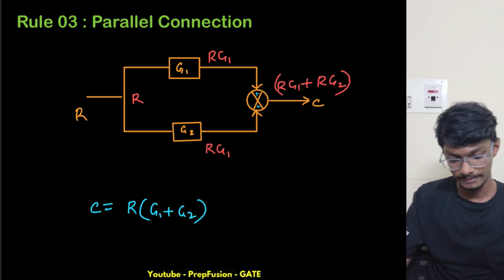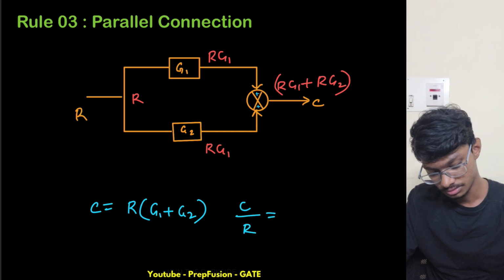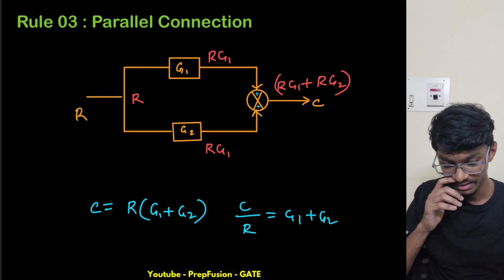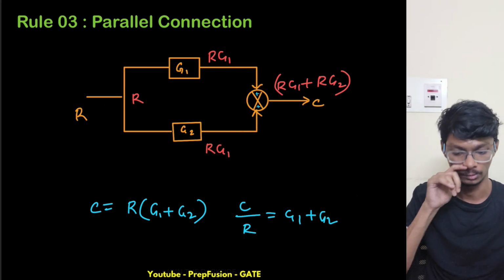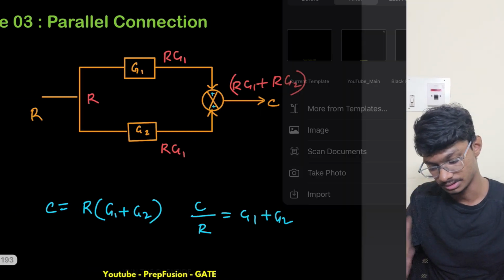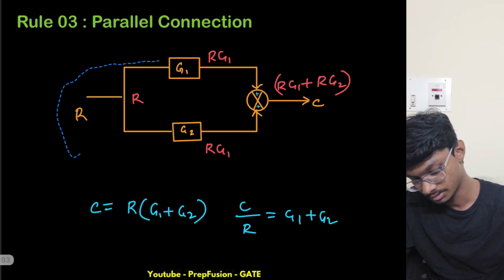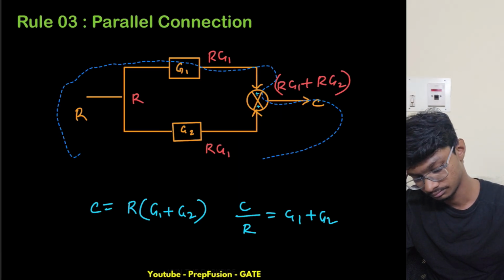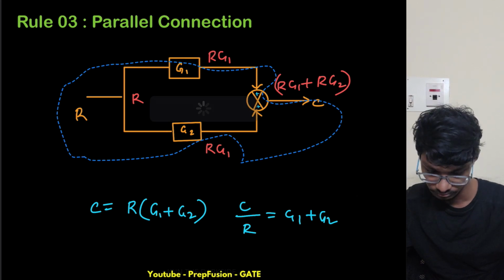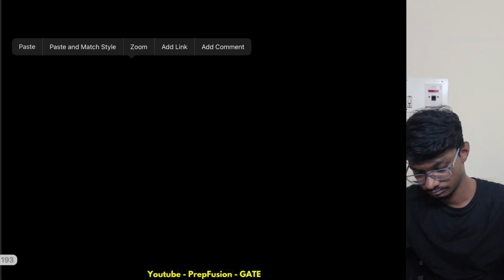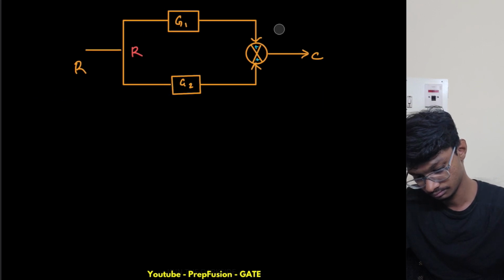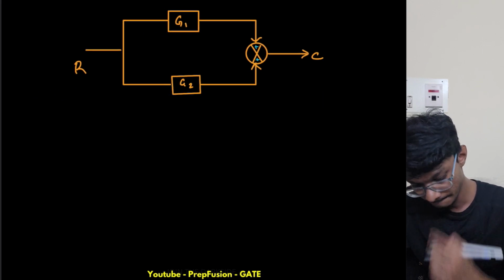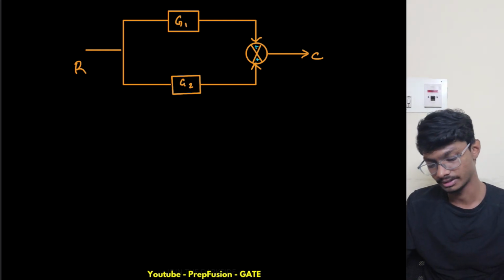So what is C by R? C by R equals G1 plus G2. So we can further replace this whole combination with a single block, that is G1 plus G2. Okay, so let me take another page. So what will be the block diagram for this?